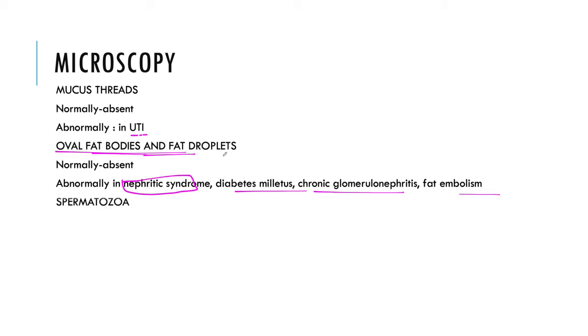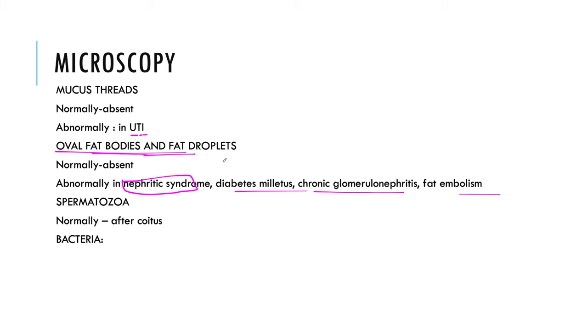And spermatozoa. Spermatozoa are basically present in the male, but after coitus, that is, after the male and female meet, the female urine can also contain spermatozoa. Now bacteria.